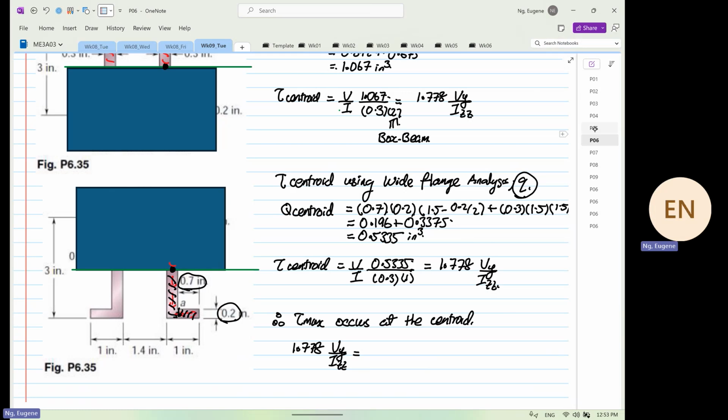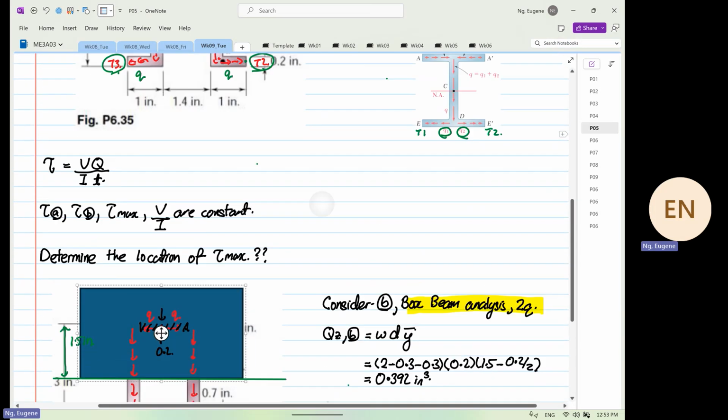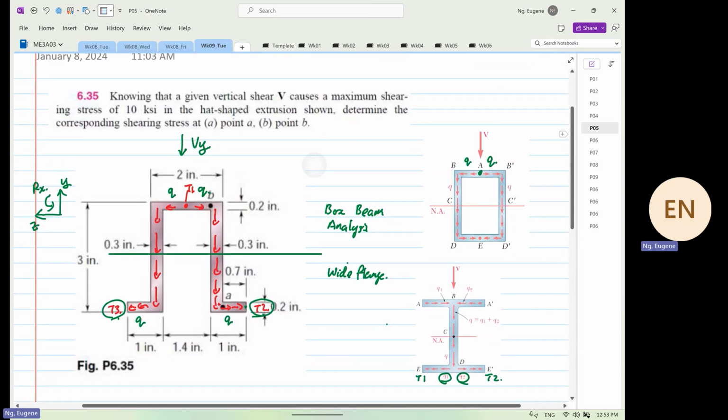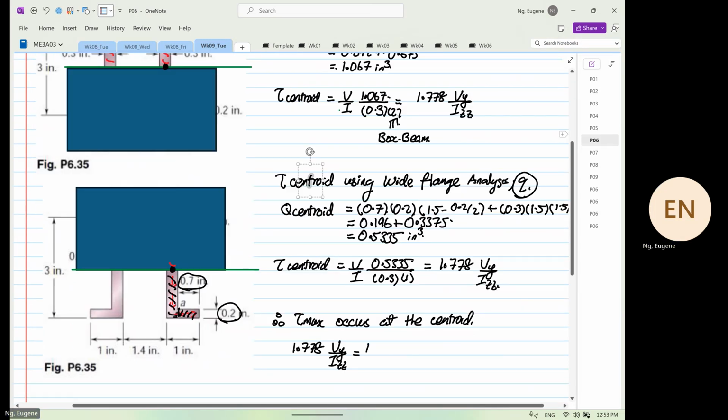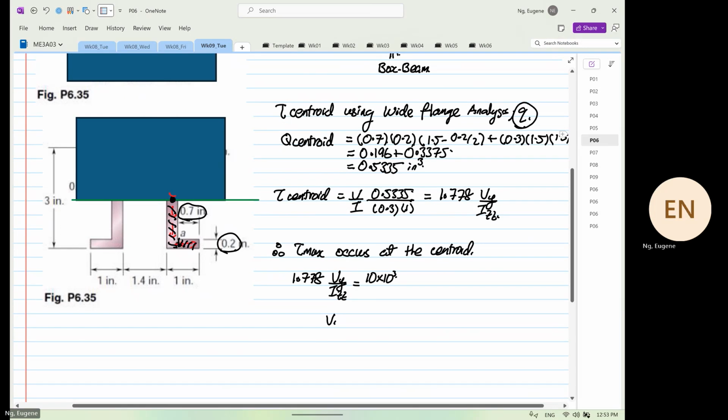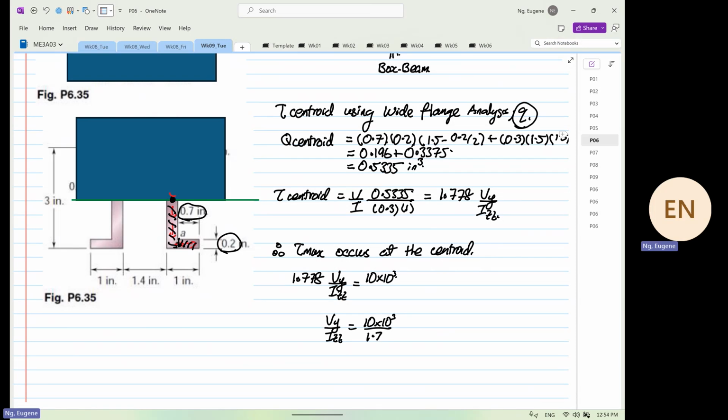We are given that this is equal to 10 KSI, so 10 times 10 to the power 3. So Vy over Izz is equal to 10 times 10 to the power 3 divided by 1.778. Okay, so 10 to the power 3 divided by 1.778 is equal to 5.624 times 10 to the power 3.